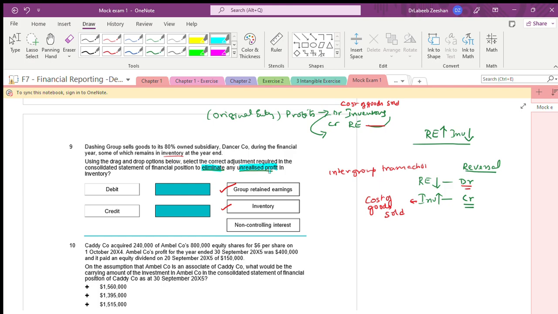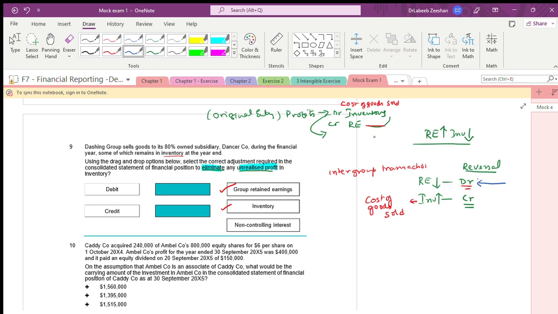If there is a profit, we take retained profit as a credit. But if you want to eliminate it, we have to make retained profit a debit, and cost of goods sold is an expense. Debit all expenses and losses.